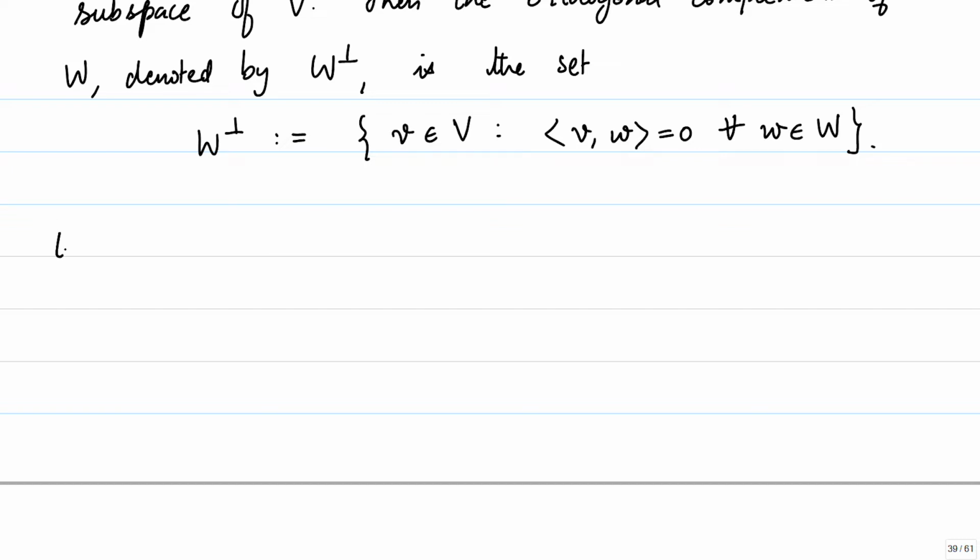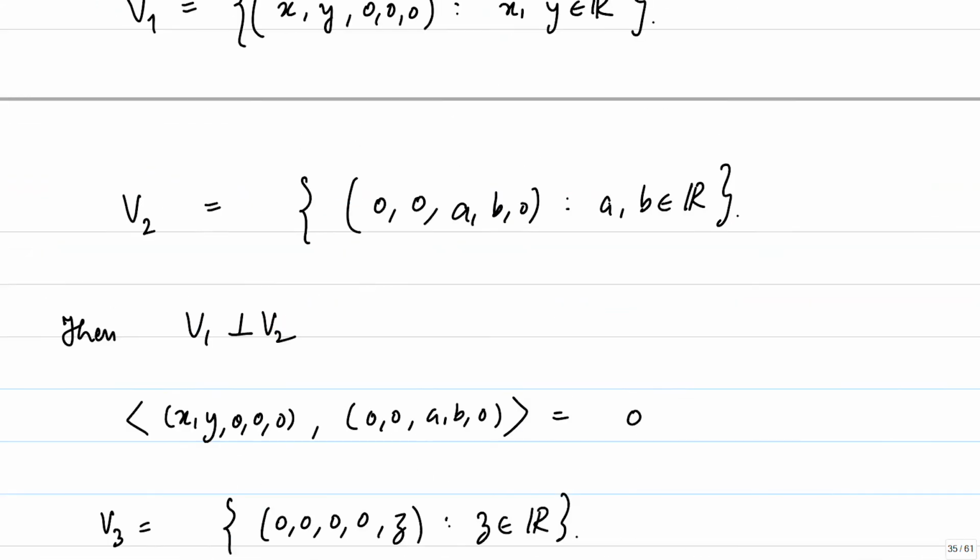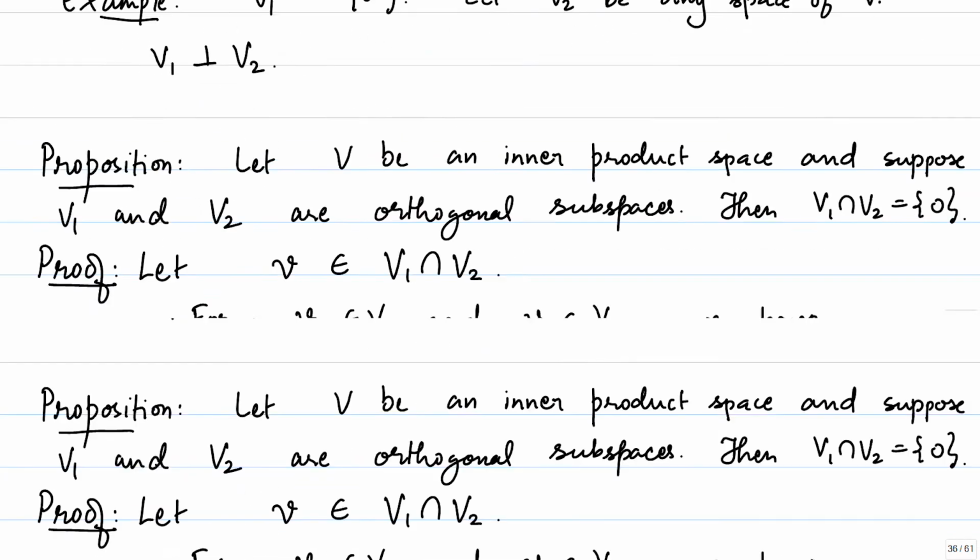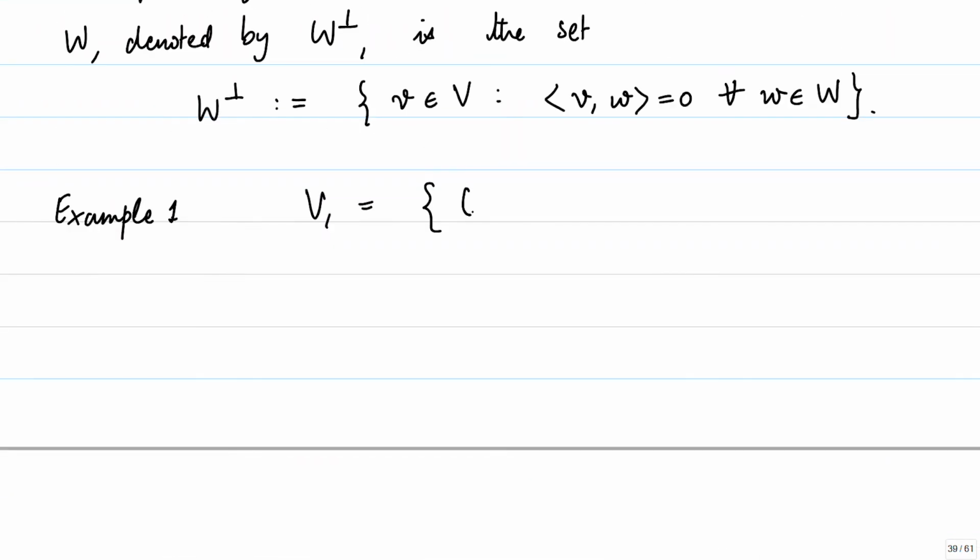So let us get back to our first example. Example 1. So what was V1 here? V1 was the set of all (x, y, 0, 0, 0) such that (x, y) belongs to R².